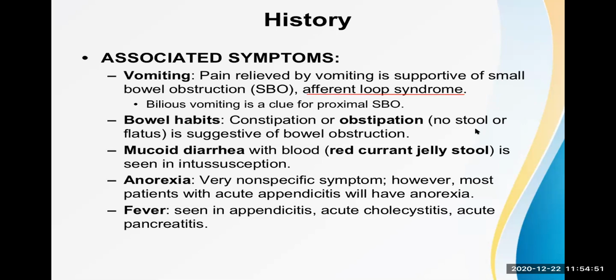And one more function of the duodenum is there. It is a site where bile flows, and it is a site where pancreatic juice flows. That's why we cannot sacrifice it. We need to keep that segment. But food from the stomach will not pass through there. Remember that. It will directly go to the jejunum.